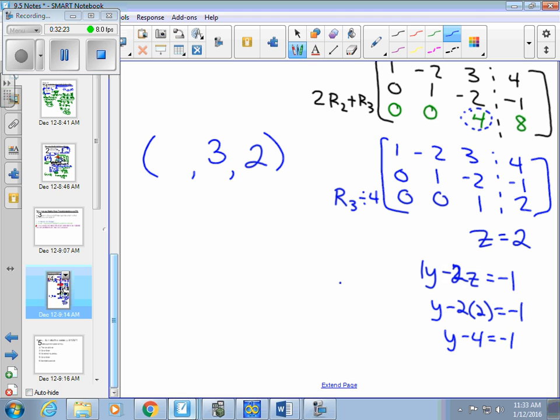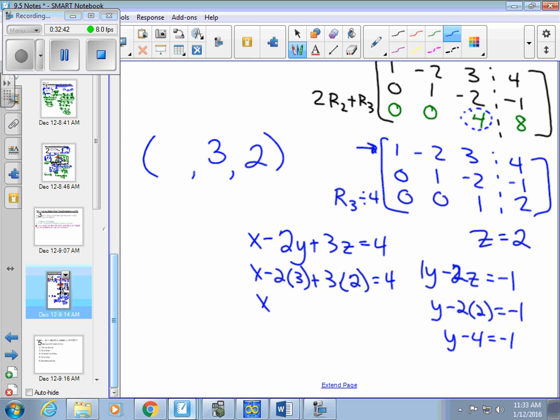Plugging both of those back into our top equation, x minus 2y plus 3z equals 4. Plugging things in their spots, x minus 2 times 3 plus 3 times our z value of 2 gets us to 4. And I have x minus 6 plus 6 gets us to 4. So we just get that x is 4.